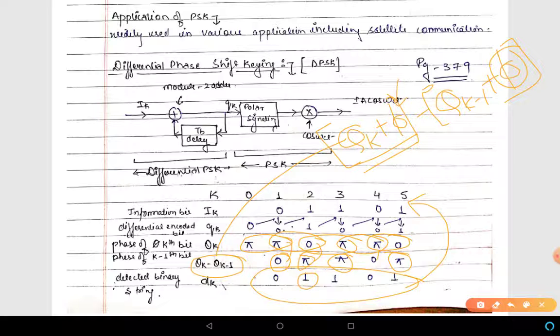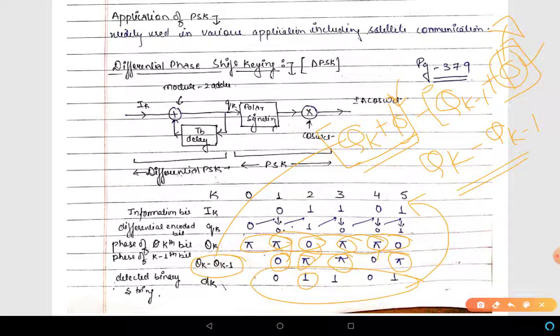In that case I can assume phi here and phi here, and if I take the difference of these two, what I get is theta k minus theta k minus 1. So even though this phase is unknown, it does not come into consideration in this difference. This is the meaning of having non-coherent detection.